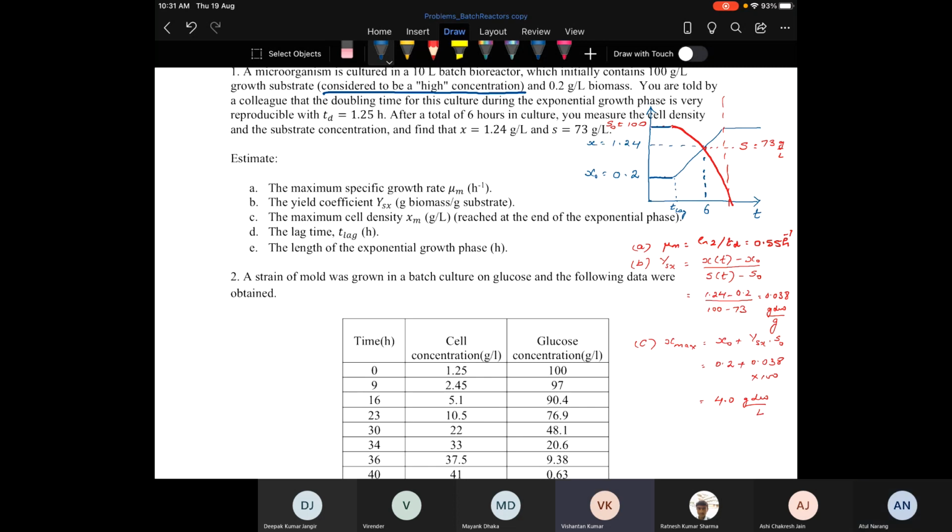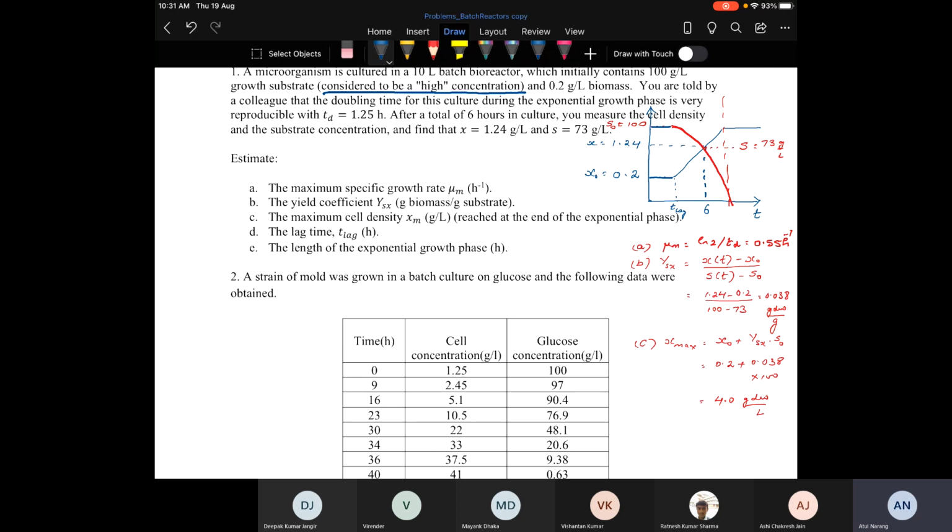So we can take the 1.24, which is given at the end of 6 hours, should be equal to x naught into e to the power mu m into 6 minus t lag. So shall I write it down?